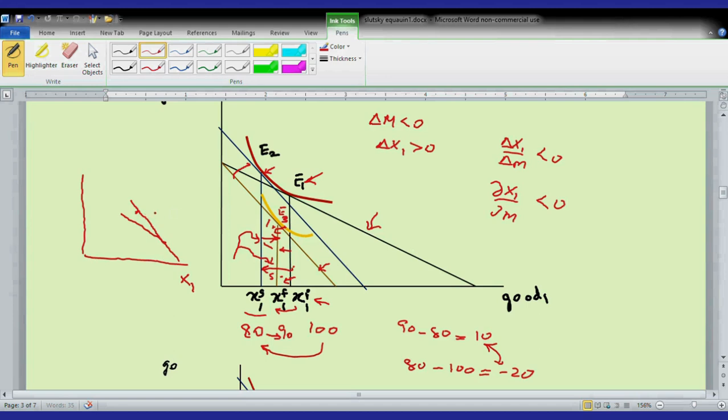Can be, remember, can be downward sloping, and this is happening because the magnitude of the income effect is less than the magnitude of the substitution effect.